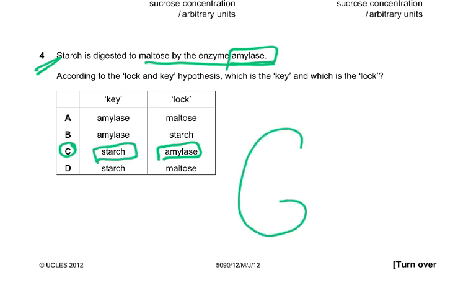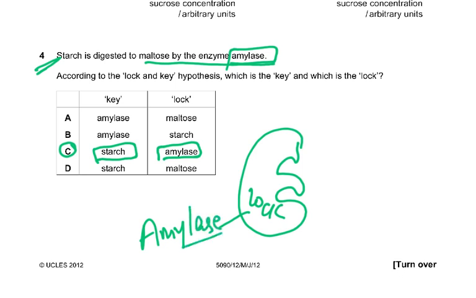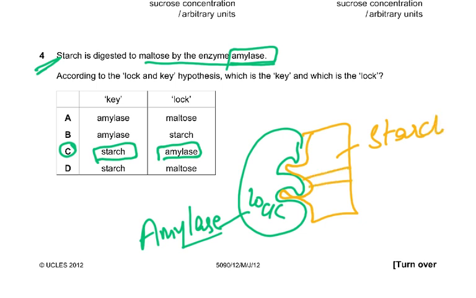The lock is amylase, the enzyme, and what fits into it is the substrate, in this case starch, which fits into it and then breaks up into maltose. And maltose would be the product.